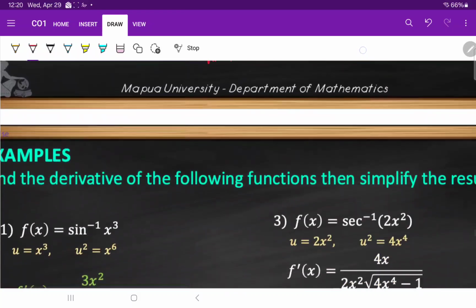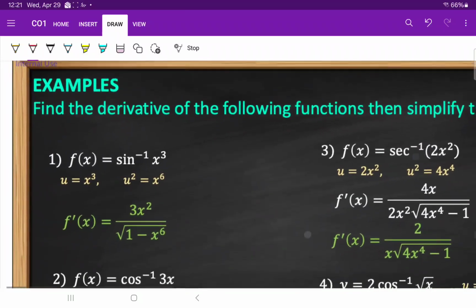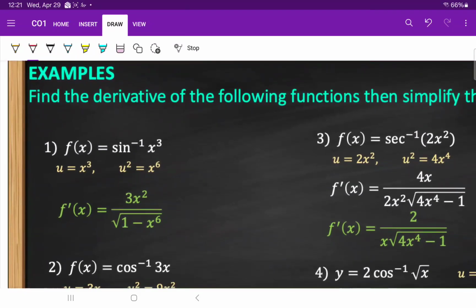Okay, so let's use these formulas now in finding the derivative of these examples here. The first example is f of x equals arcsine of x cubed. Here, this is your u. So again, what's the derivative of arcsine?